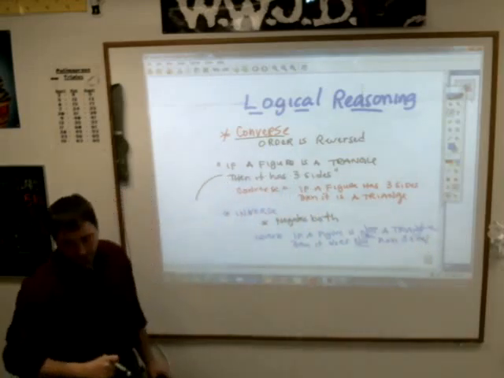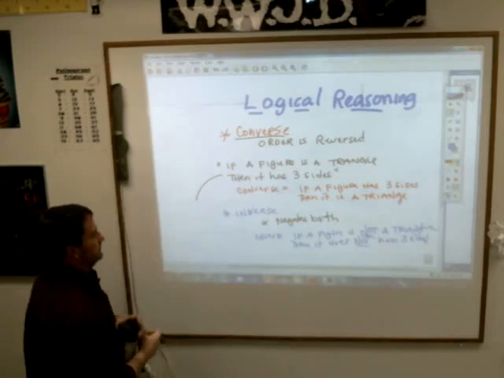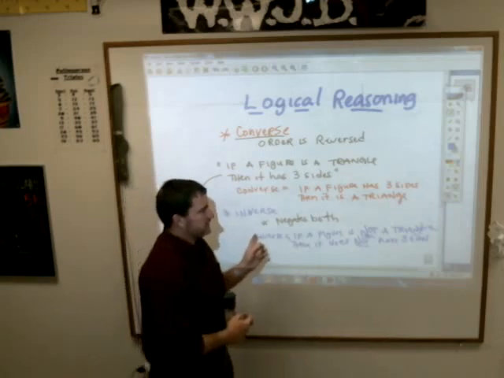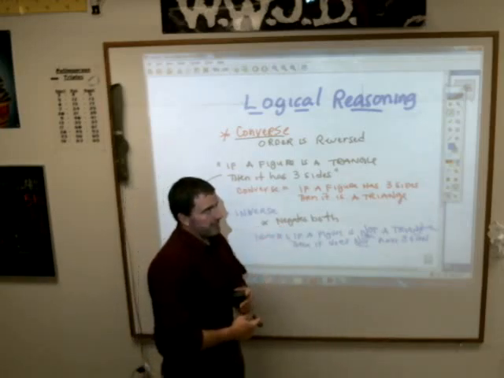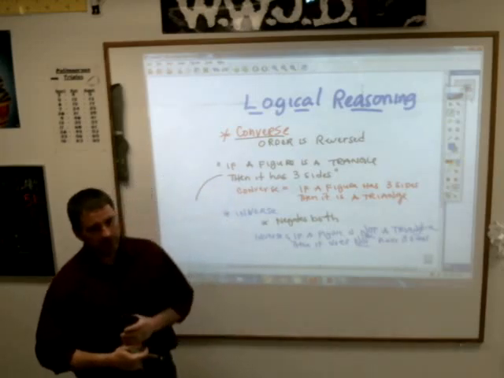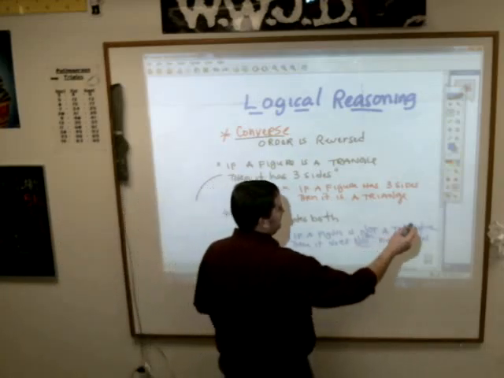Now, the question I have for you is, is that true? Is the inverse true? If the figure is not a triangle, does it not have three sides? Yes. Would that be true? True. Correct.